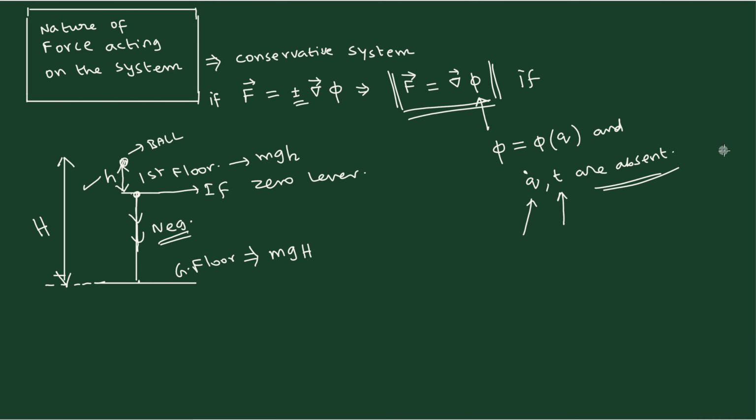If they are not present, then we classify that the system is a conservative system. So naturally the next question comes: if the scalar potential is not independent of these, if they are all present, then what will happen?